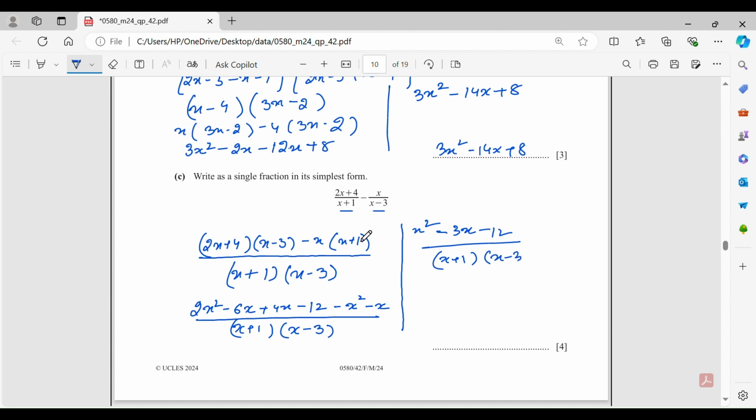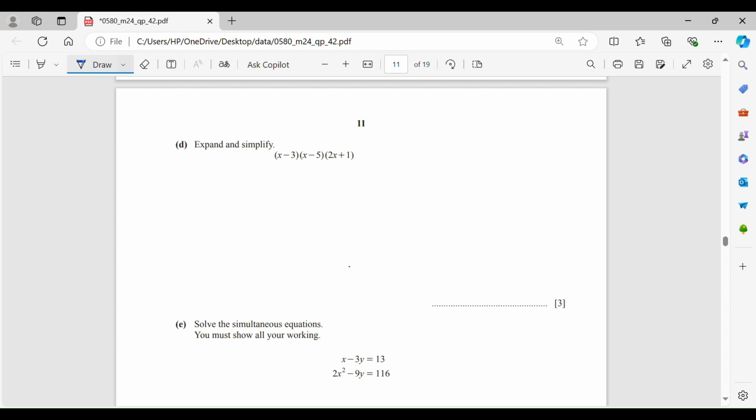So this will be our final. We have to write a single fraction, so we can leave it here, it is a single fraction. So our answer is x square minus 3x minus 12 over x plus 1 and x minus 3.